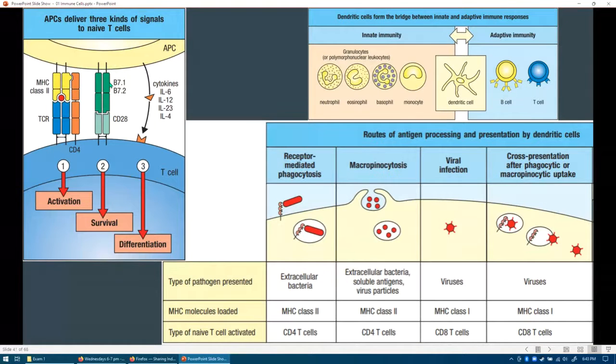Something bad is happening if B7 is present. So B7 is like a secondary check to make sure that it's okay for the T cell to truly become activated. And lastly, the dendritic cell is going to provide the naive T cell with cytokines that induce it to differentiate into a certain kind of T helper cell. We'll talk about specific cytokines that do specific things later on.